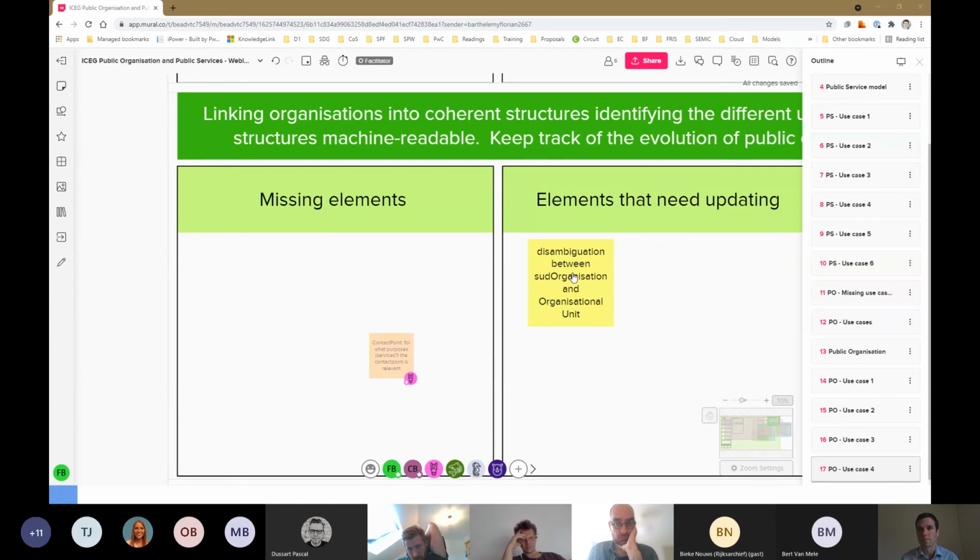The next one is about disambiguating the sub-organization versus organizational unit concepts. It's true that right now, and I went quite fast through the example, it might be unclear what's the limit. And maybe that's something we need to discuss further.